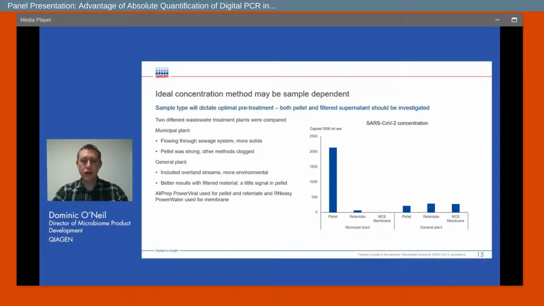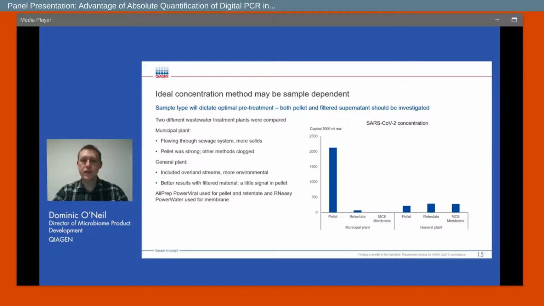However, not all wastewater samples are equally amenable to all concentration methods. What we also found, looking at different wastewater treatment plants, is that different materials are going to be differently suited to the concentration method. In this experiment, we looked at two different wastewater treatment plants. One of the plants was more of a municipal plant. It was collecting sewage that was flowing through the sewage system, had more solids, and had more human material present.